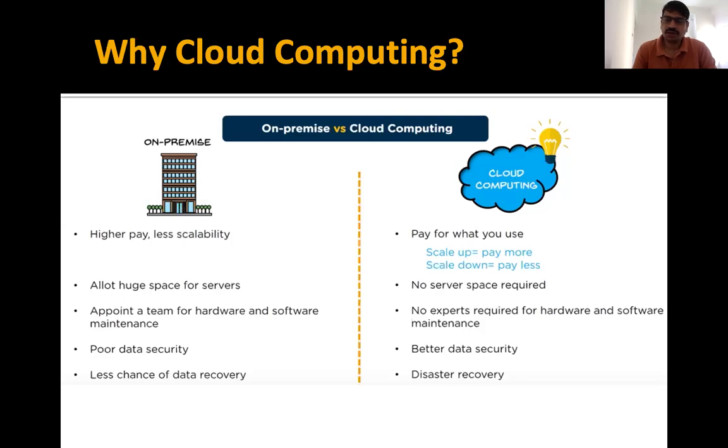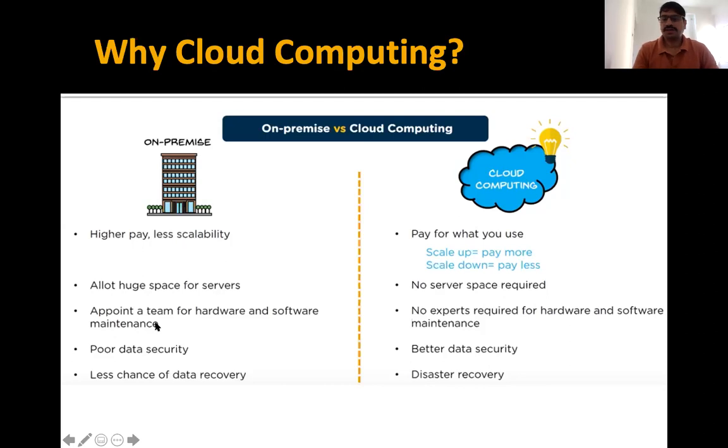In that way, you can reduce the cost of what you are paying for the rooms, right? And because we don't have any server space required, it is all virtual, right? As I told you, the computing resources are in a remote location.